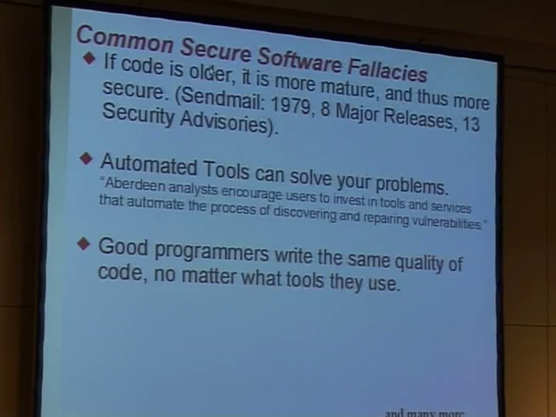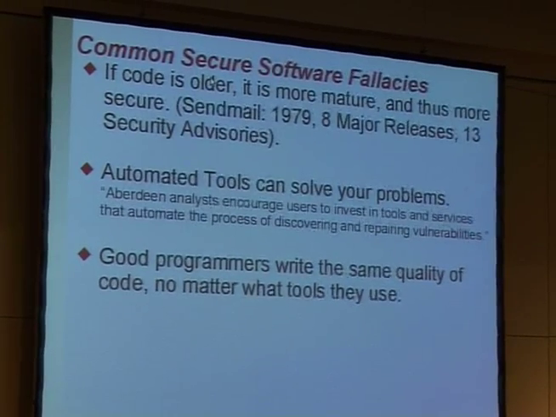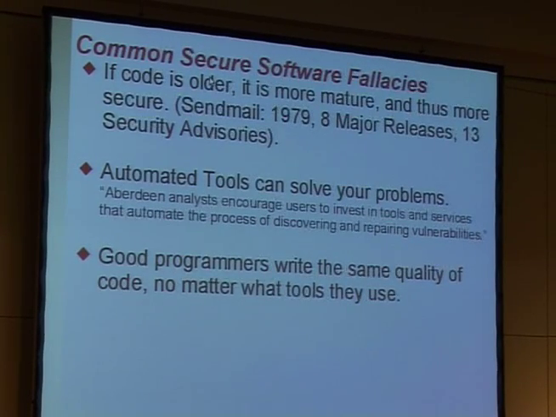I'd like to clean up some common secure software fallacies that I hear very often, also at conferences like this one. There are claims, for example, from the Aberdeen Group. I really don't know them, but in 2002 I read an article about them and then looked for the paper.